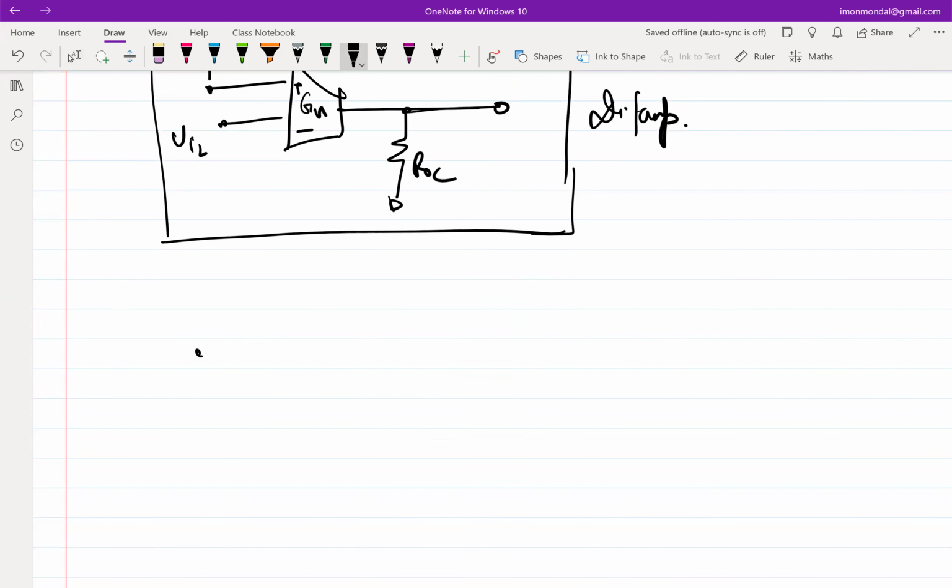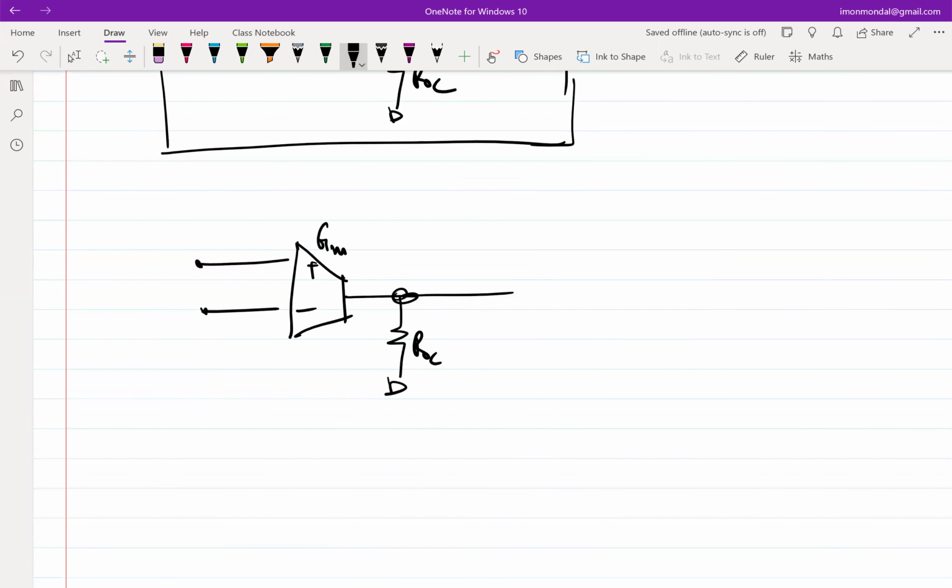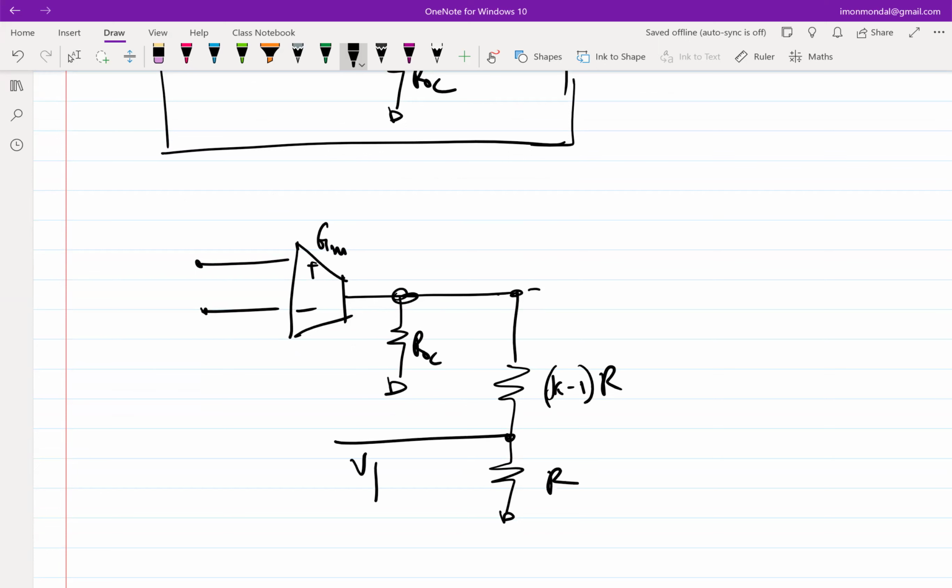So again, this becomes the loop. This is V0, which is supposed to be connected to the output. This is VF.